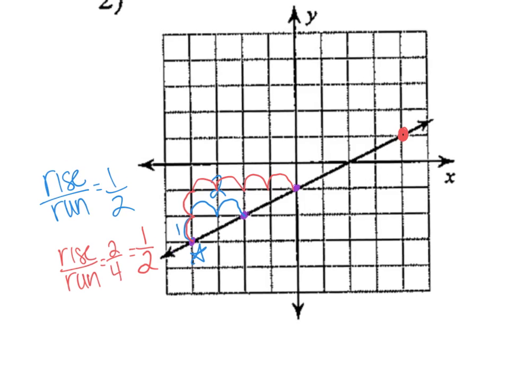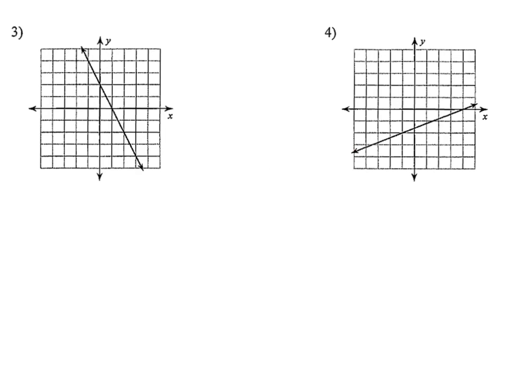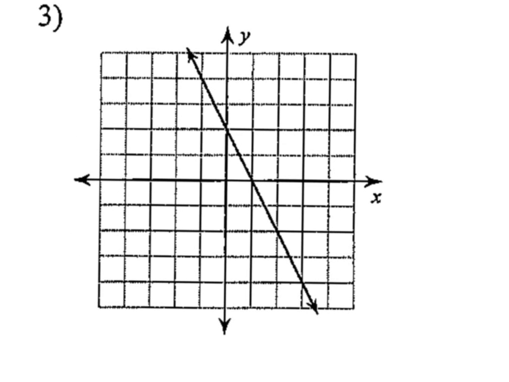Hold on, let me first. I've only screenshotted to 3 and 4. Okay. 3. Tell me when to make my dots. Stop. Okay, someone has to say something. I'm not going to be doing this by myself.